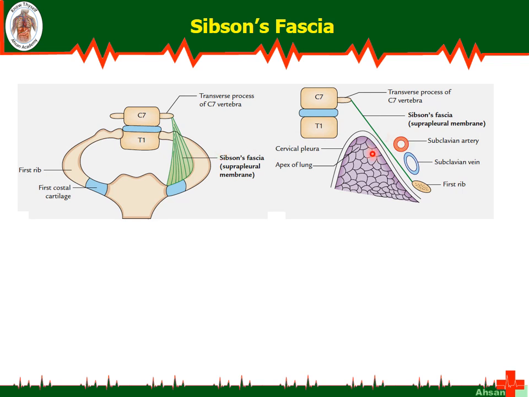Together they support this apex from any type of injury, and when we take deep breaths, these two prevent swelling of the apex of the lung into the neck soft tissue. We observe this type of swelling in toads.